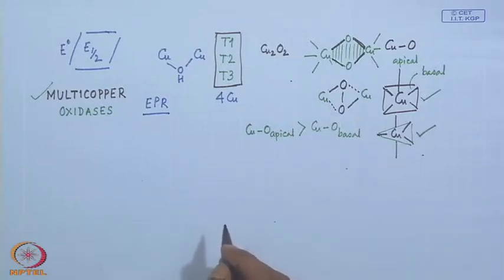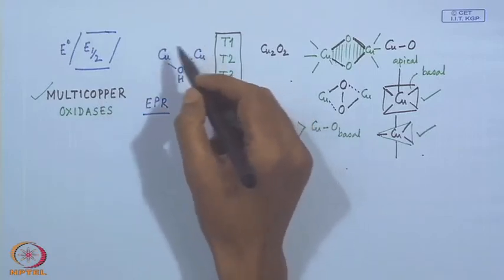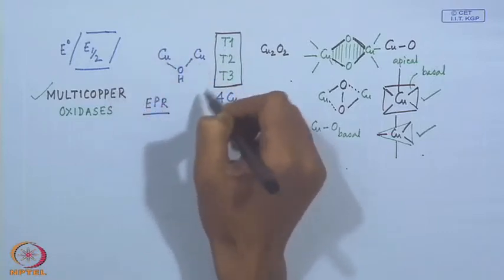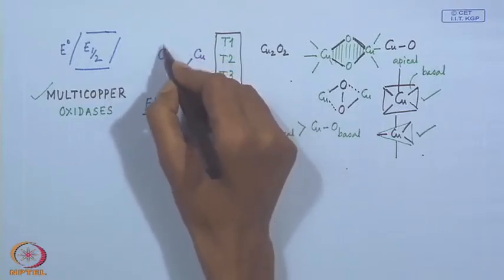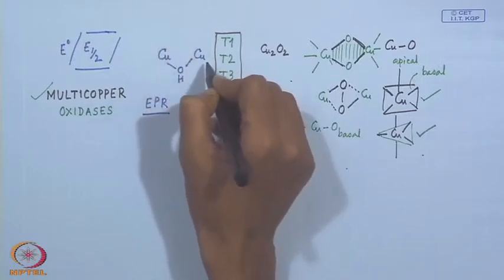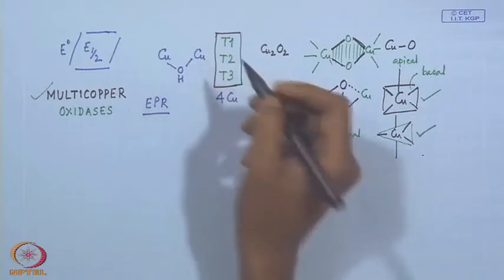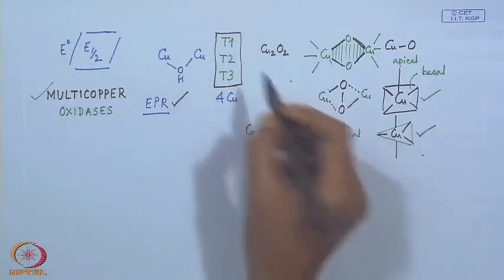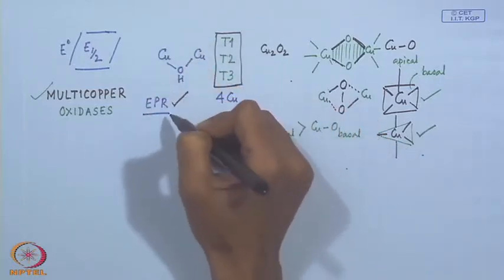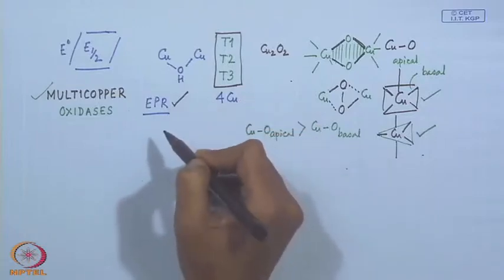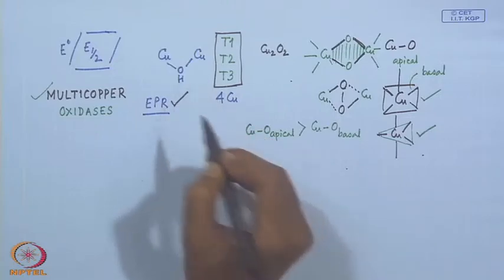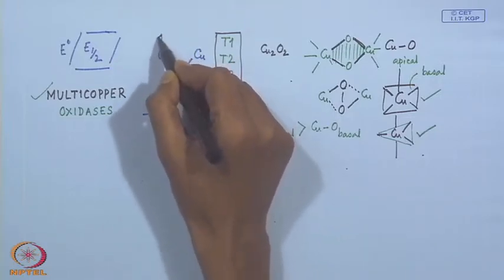That EPR spectra is related to the corresponding unpaired electron. If both of the copper centers are +2, there is one unpaired electron on the first copper, copper A, and one on the second, copper B. If the type 3 center is EPR active, that means some unpaired electron density is present there.